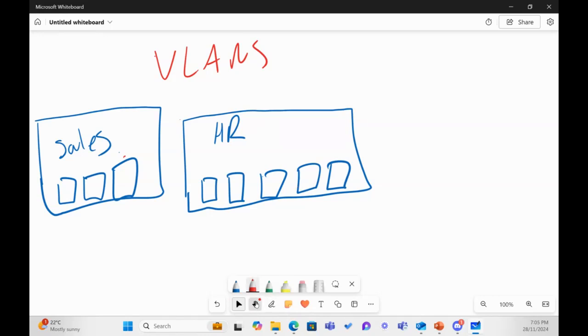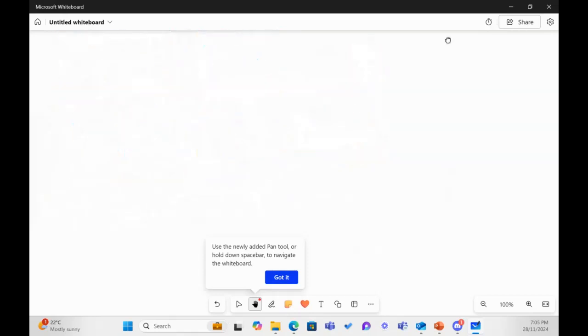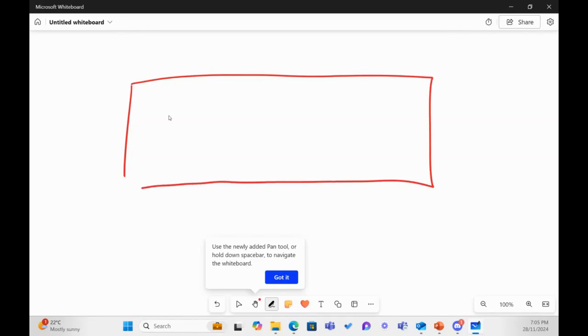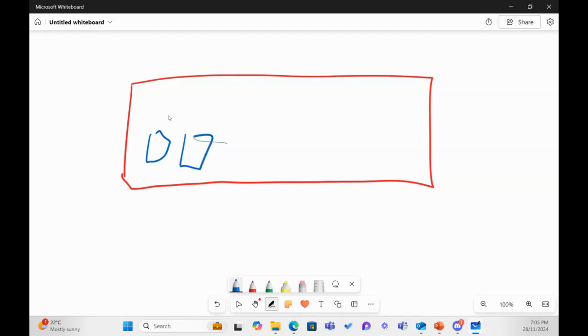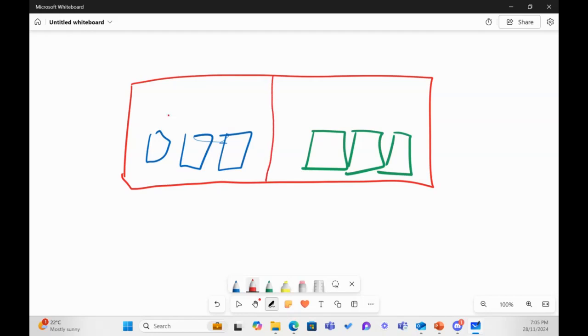We can do something like this by using one switch and separating that one switch. This is one physical switch, okay? By separating it into two virtual LANs. That VLAN is VLAN Human Resources.